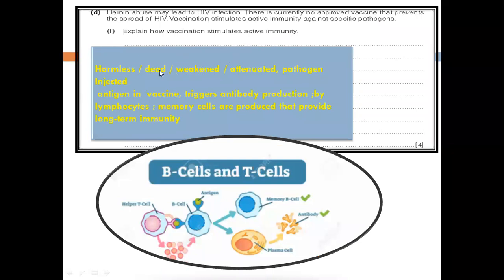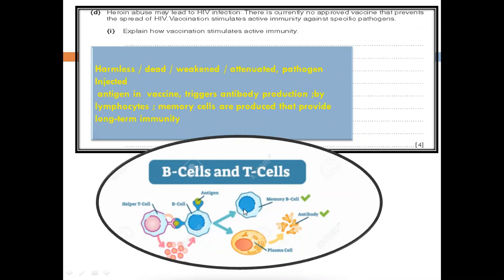So harmless, dead or weakened, attenuated pathogen is injected into our body. The antigen in the vaccine triggers antibody production by lymphocytes, and memory cells are produced that provide long-term immunity. First of all, T helpers present the antigen to the B cell, the B lymphocyte. Then the B lymphocyte will start mitotic division, which means it will start mitosis, right?